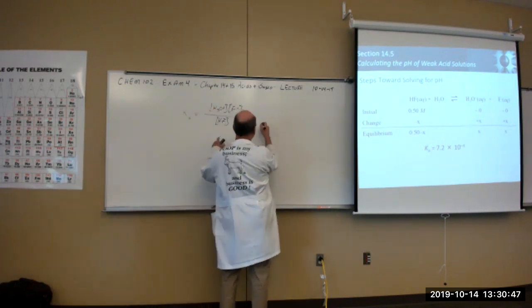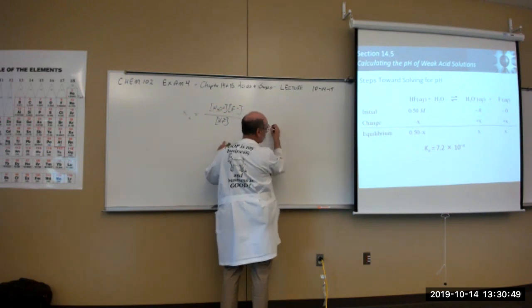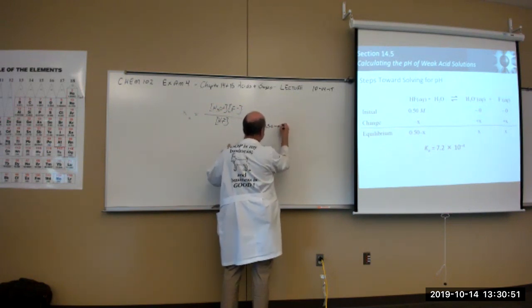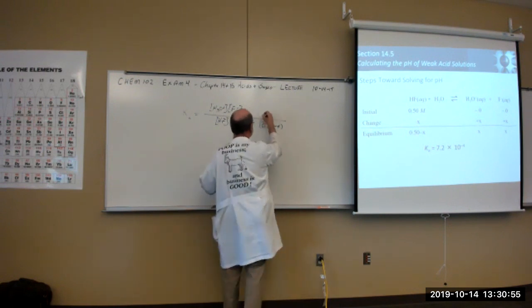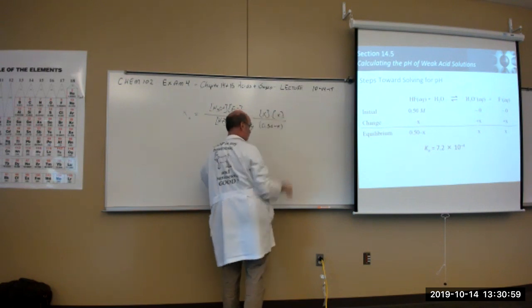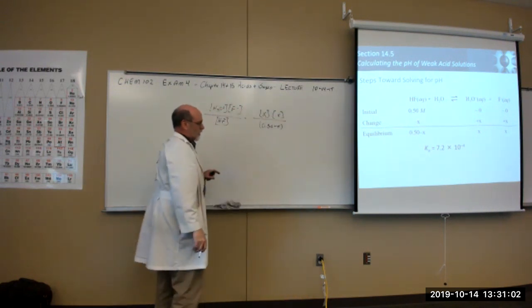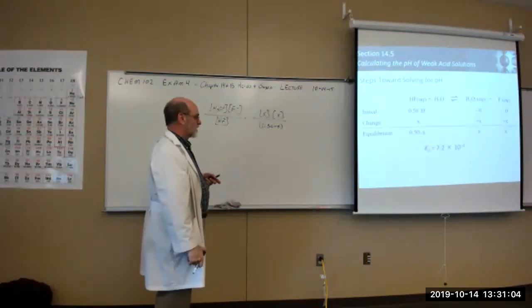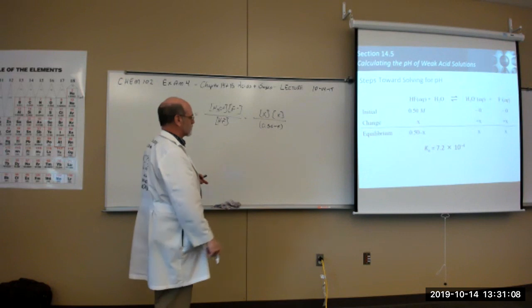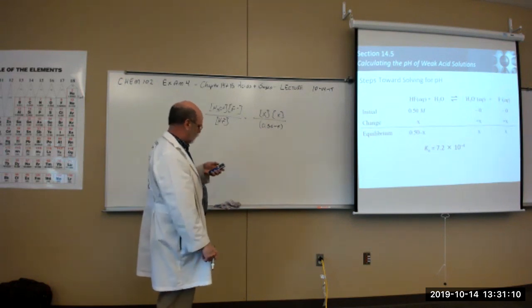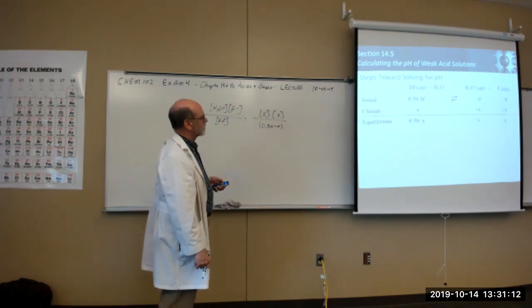So HF is going to be 0.5 minus X. And this is going to be plus X, and this is going to be plus X. Right? So we're going to assume that because the equilibrium constant is 10 to the minus 4th, let's see, where is it?